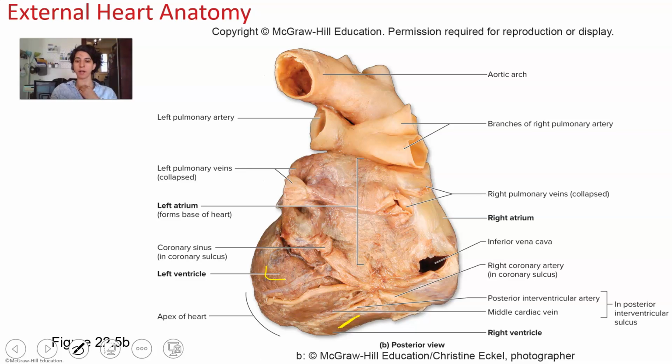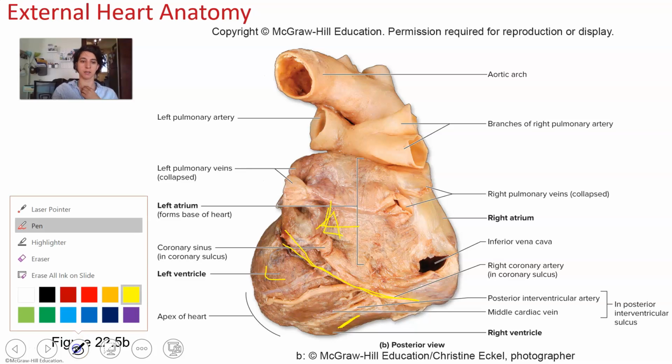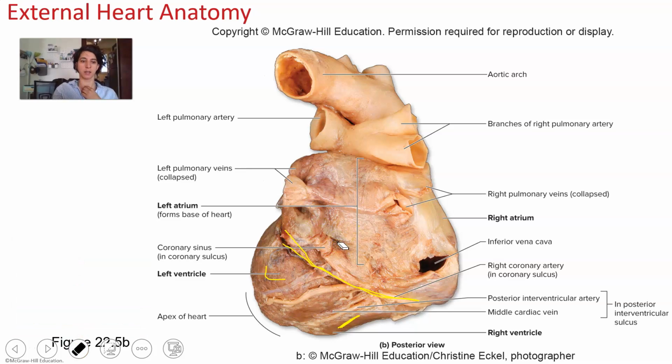Now that you have identified the right ventricle, we have a structure that separates atria. Sorry, left, I wrote an A instead of an L. Erase that. Okay, so we have left atrium and right atrium, and you should be able to identify this huge blood vessel going superiorly into the right atrium. That would be your inferior vena cava.